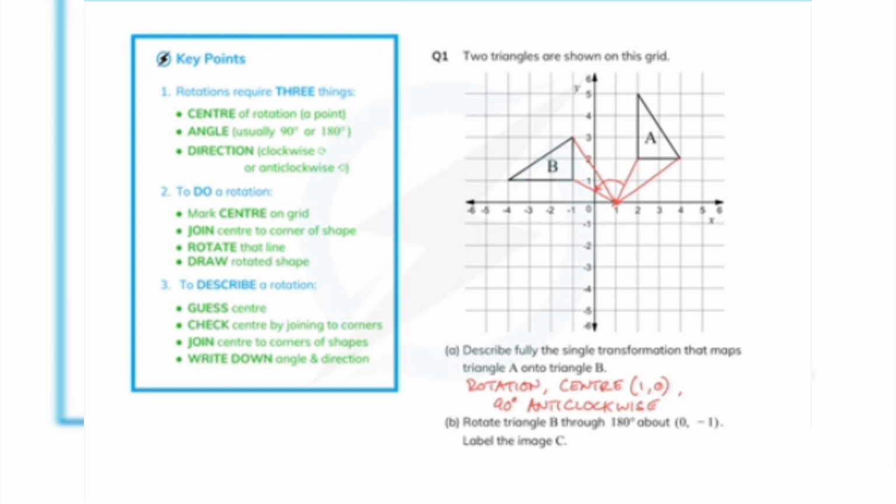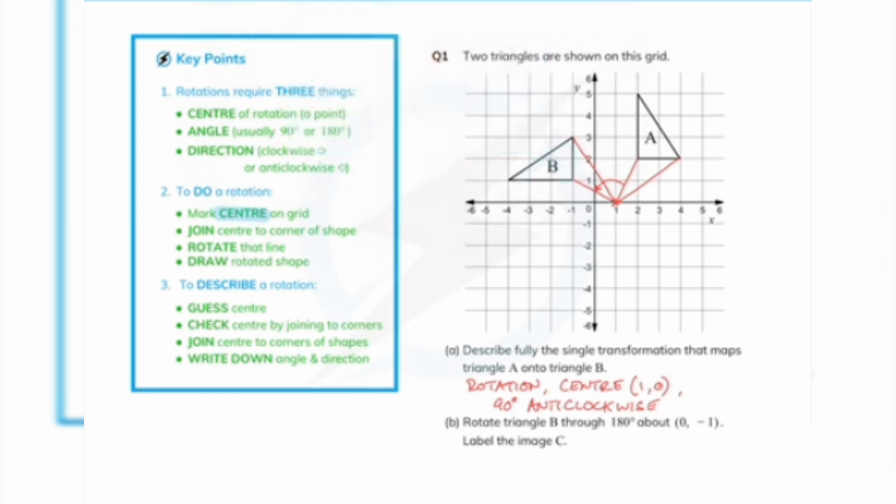Now, the second thing we're asked to do is rotate this triangle, triangle B, through 180 degrees about 0, -1. People will suggest you need to use tracing paper and all sorts of things, or pairs of compasses, but actually I think we're better than that. So the first thing we're going to do for a rotation is mark the center on the grid, 0, -1.